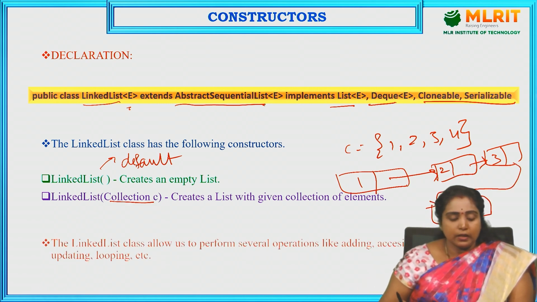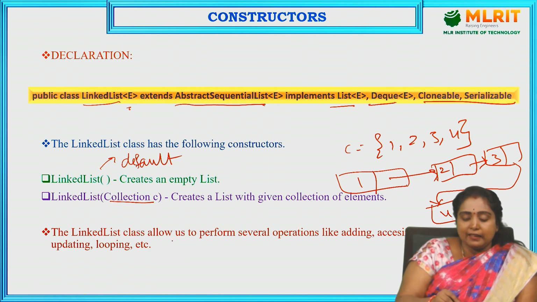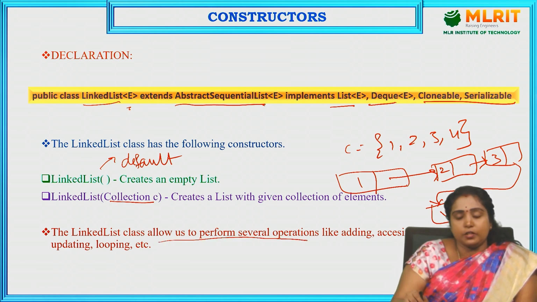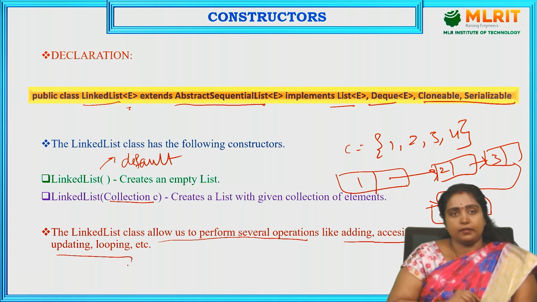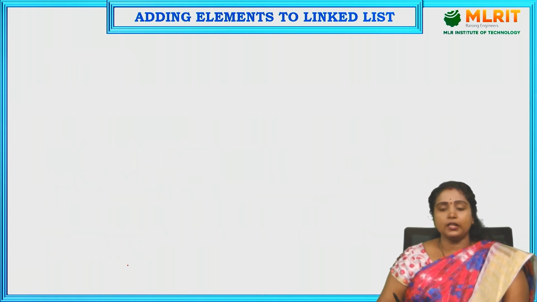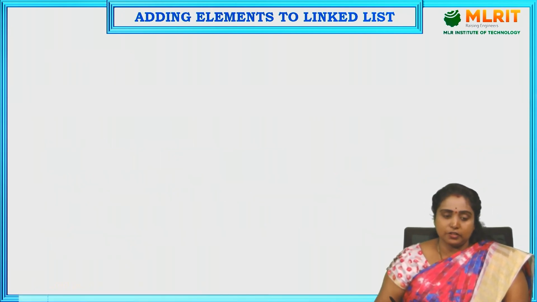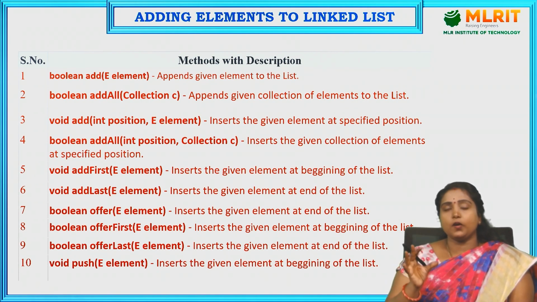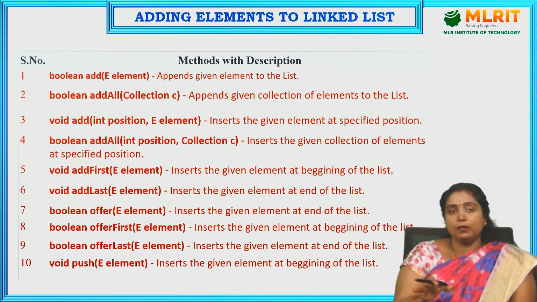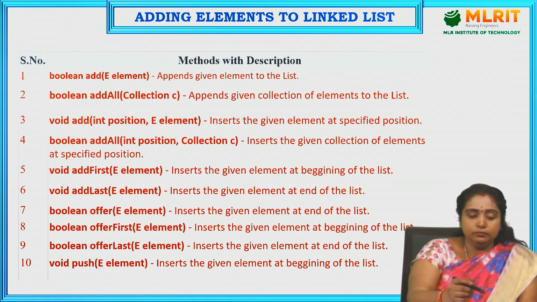Okay. So the LinkedList class allows you to perform several operations like adding, accessing, deleting, updating, looping, etc. We are going to see all these things in today's session. Adding elements to the linked list. These are the methods you can use to add a particular element to the linked list.